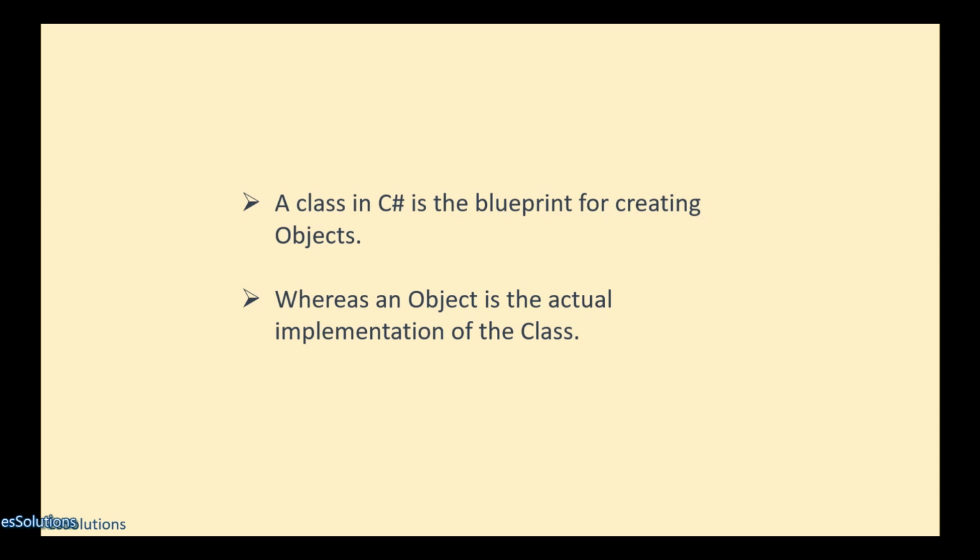In the same way, the plan in programming is just a class, whereas the building is what we call the object. It's the tangible thing, which is the object, or in our example here, a building.